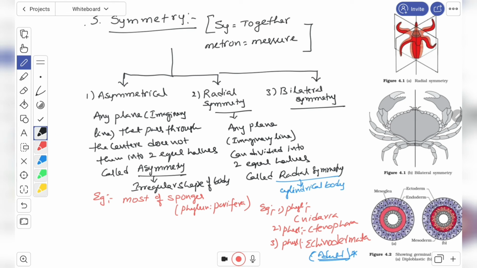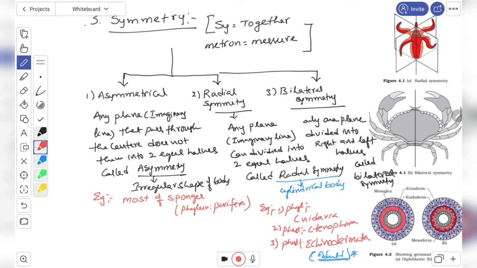Bilateral symmetry means the body can be divided into left and right, only one plane, into right and left halves. Called bilateral symmetry.